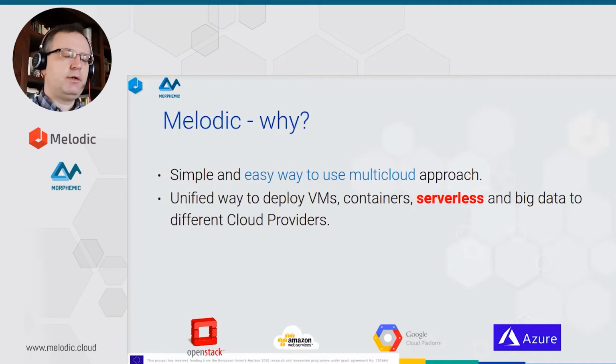The second thing is that it's probably the only unified way to deploy virtual machines, containers, serverless, and big data frameworks automatically to the different cloud providers. So Melodic supports all of these components and even more.